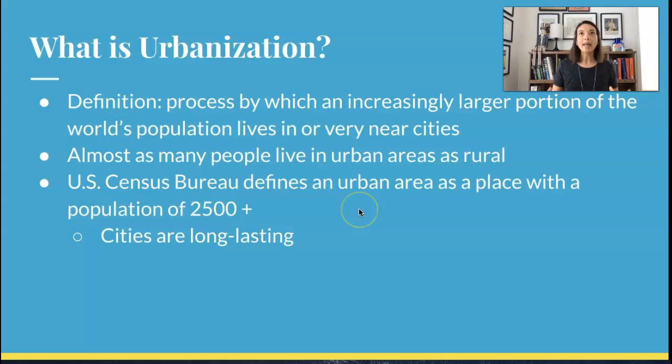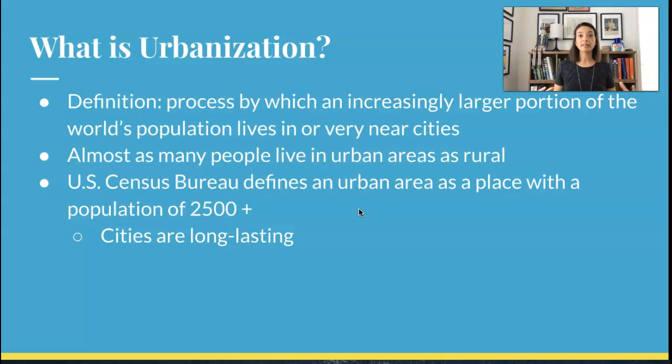Okay, what else makes an urban area an urban area, or what else makes a city a city? A city has to be long lasting. So let's use a non-example to help us understand the concept of an urban area. Think about a concert or a sporting event or even a political rally, right?